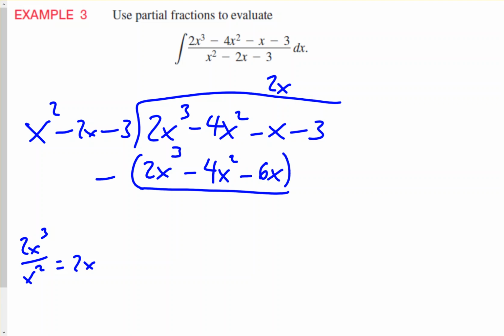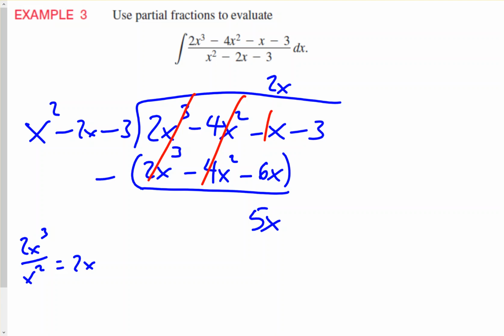And now subtract. 2x cubed minus 2x cubed, that's gone. Negative 4x squared minus negative 4x squared, that's gone. Negative 1x minus negative 6x. I always write the minus here to remind myself that I'm subtracting. So negative 1 minus negative 6, there's a double negative.